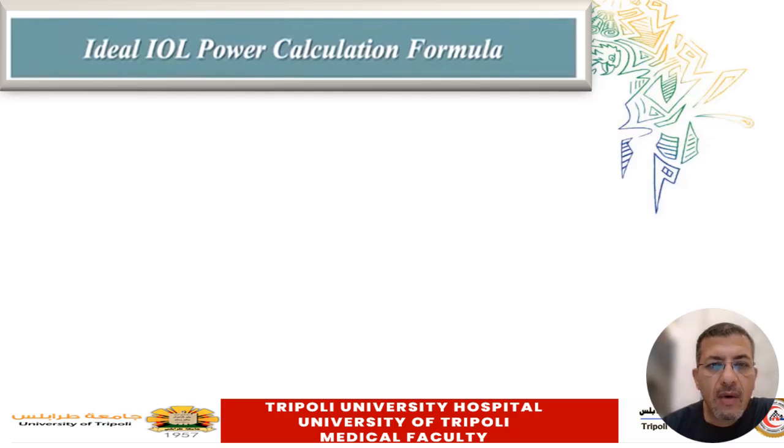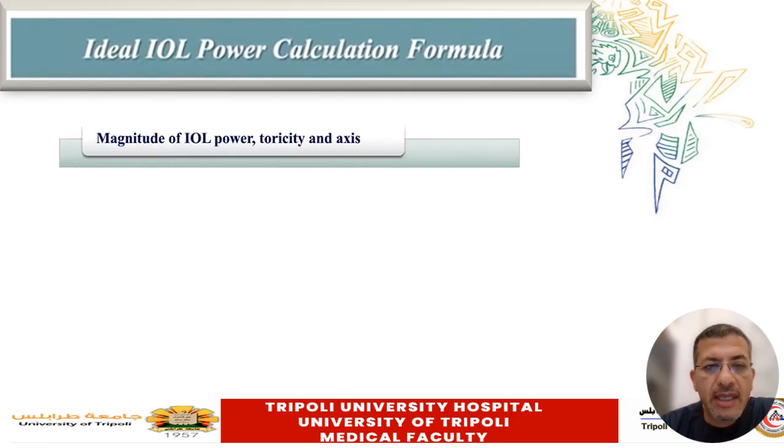So based on our understanding of the origin of the surgically induced astigmatism and the contribution of the posterior surface of the cornea to the total astigmatism of the eye, an ideal IOL calculation formula for toric IOLs should take into consideration the exact axis and power of the toric lens needed for the correction.